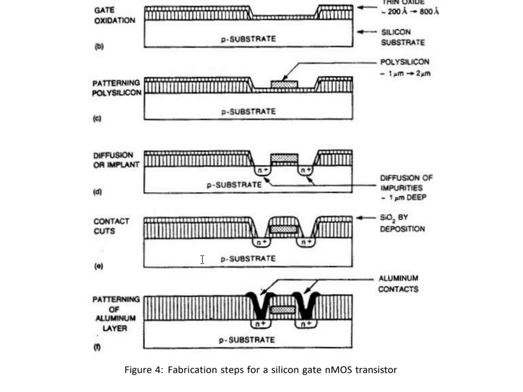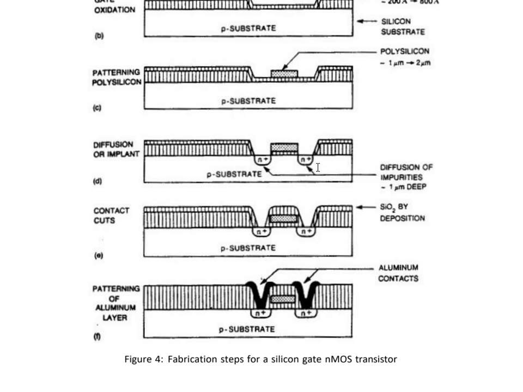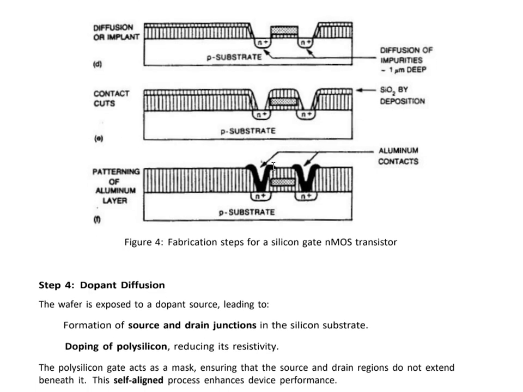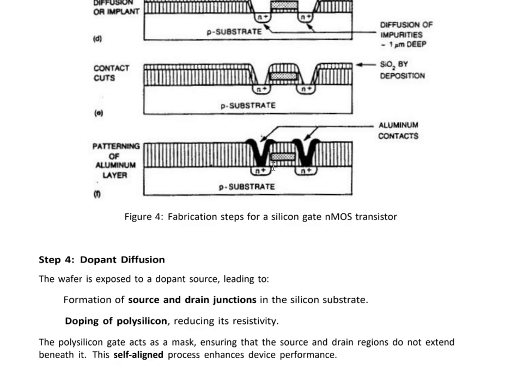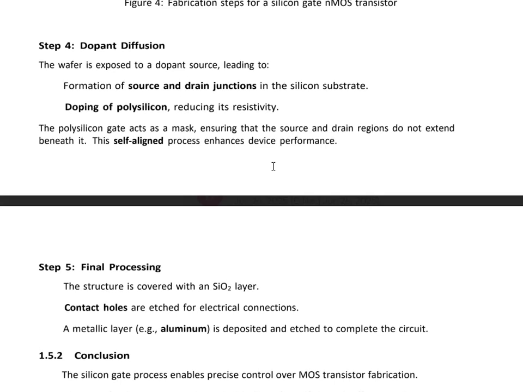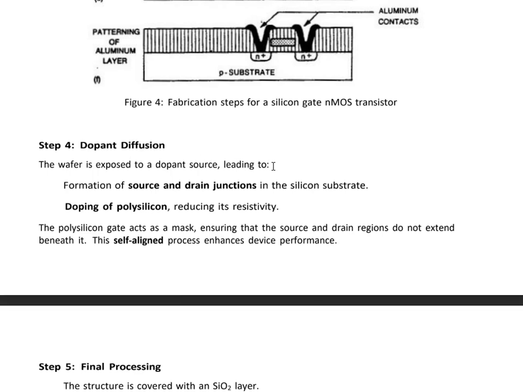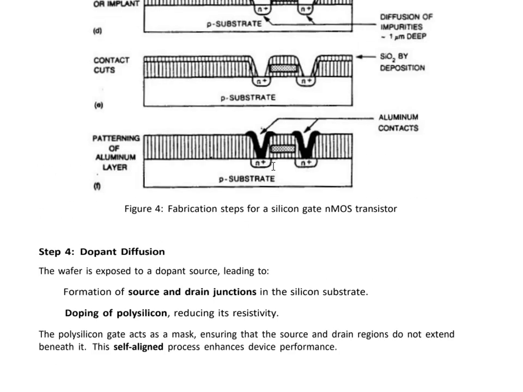The fourth step is dopant diffusion, in which the wafer is exposed to a dopant source, leading to the formation of two N+ regions and diffusion of impurities. The fifth step is final processing, in which the structure is covered with an SiO2 layer and contact holes are etched for the electrical connections.